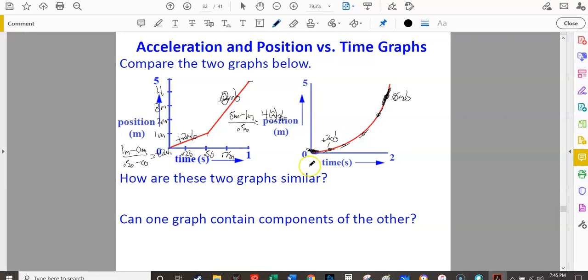And if you look at the slope right here, this has an initial velocity, the initial slope at time 0, of 0 meters per second.